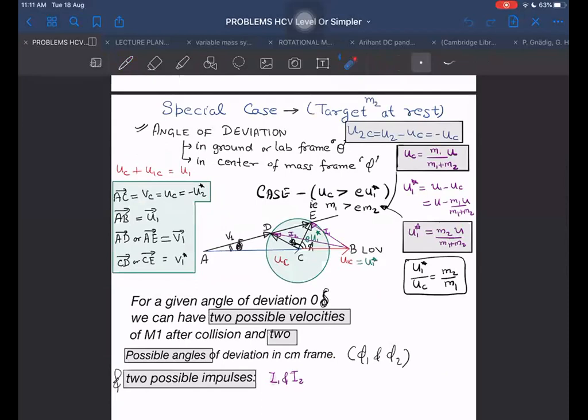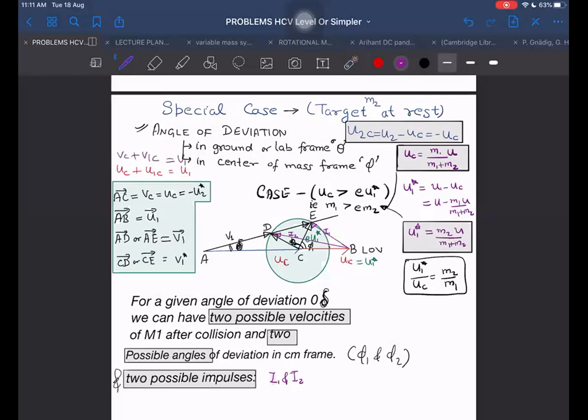All I have done is use the relative motion formula. Initial velocity of 1 is equal to initial velocity of 1 with respect to center of mass plus initial velocity of center of mass. I am writing it this way so that I can use a similar formula for velocity v1 also. v1 will be VC plus V1C.